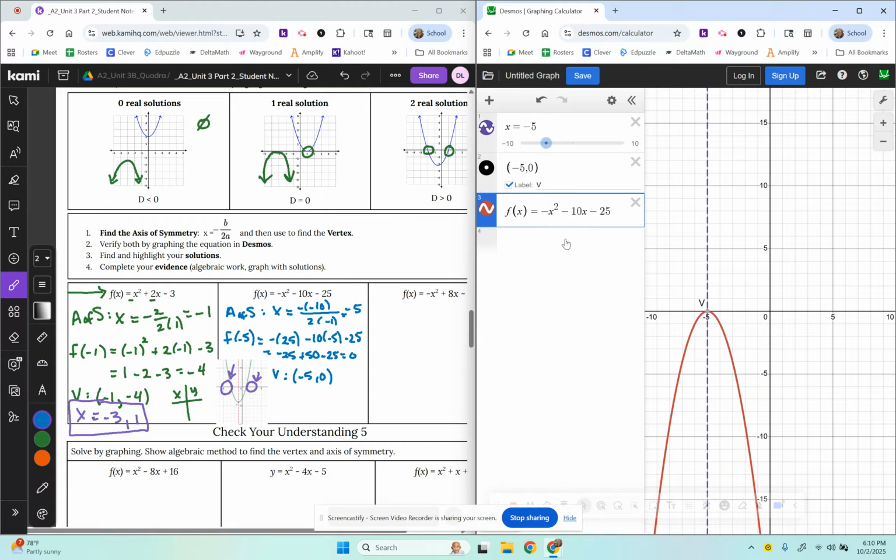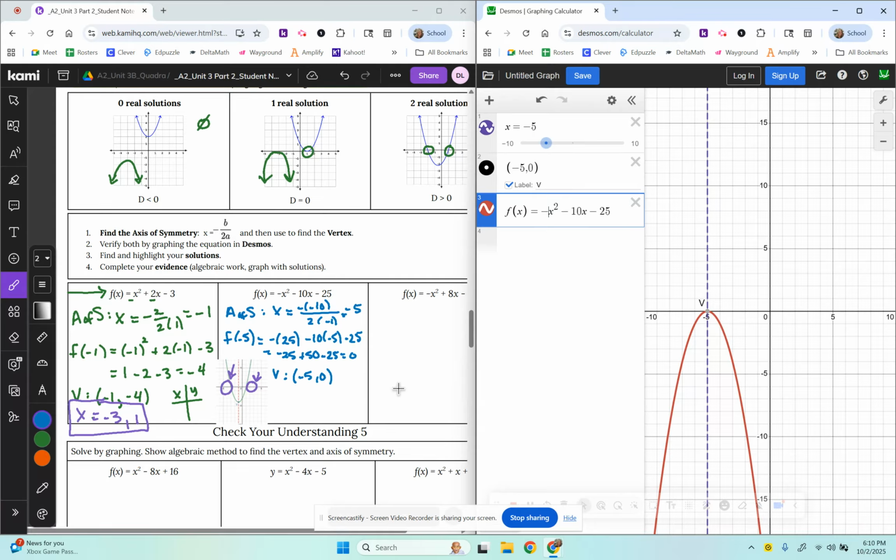Just to review real quick, you guys, this negative sign in front tells me that my graph should be facing down. That is my A value. It faces down. My vertex is on my curve. My axis of symmetry does cut my graph in half, my quadratic, my parabola.